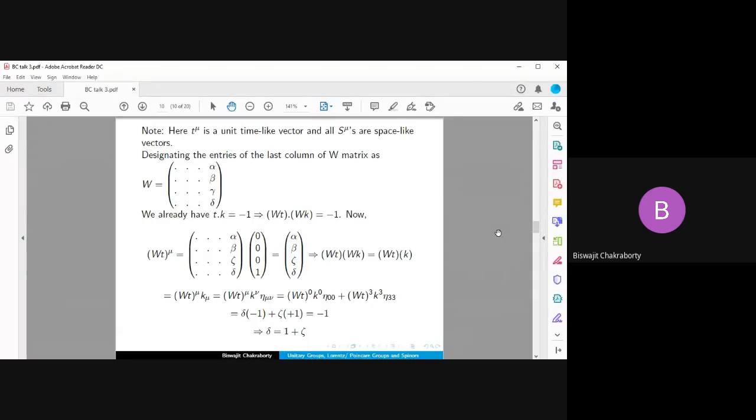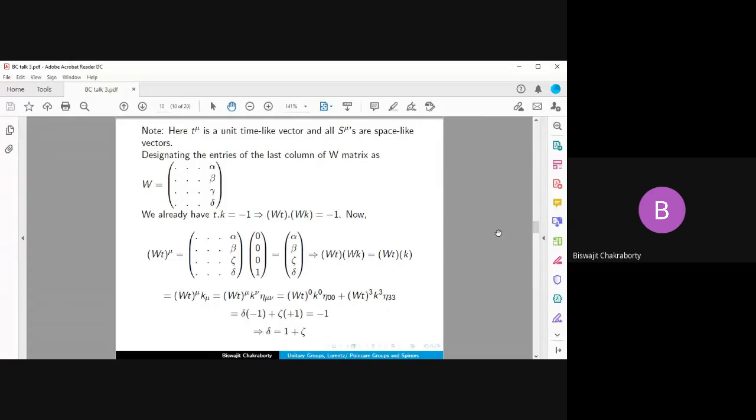Let me assume that. Now you see T dot K, if you take the Lorentz product, it will be T^mu K_mu. If you expand further, it will be T0 K0 eta_00, and the third component will survive: T3 K3 eta_33, plus 1.